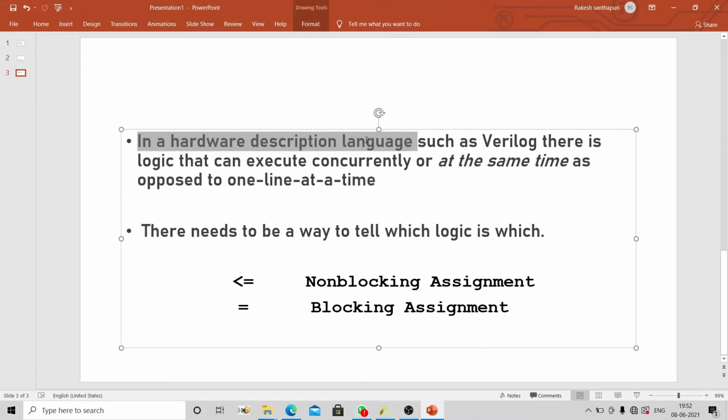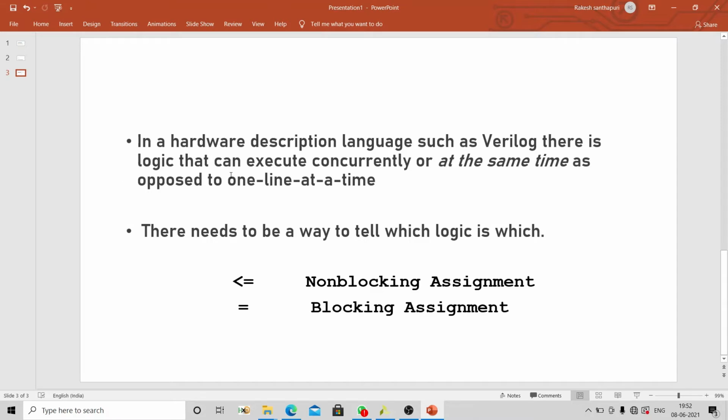In a hardware description language such as Verilog, there is logic that can execute concurrently, or at the same time, as opposed to one line at a time. For example, there is a 5-volt current port for our particular hardware device. When we give this current to our circuit board, the current will pass in parallel to all the circuits.